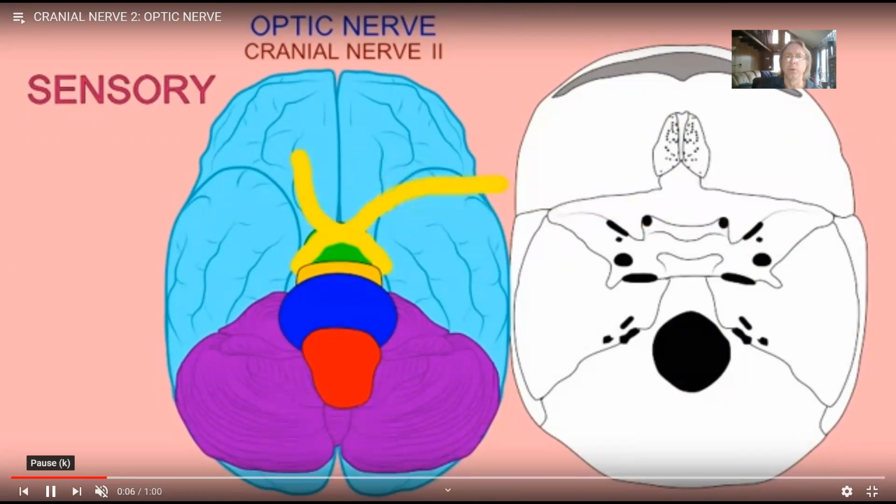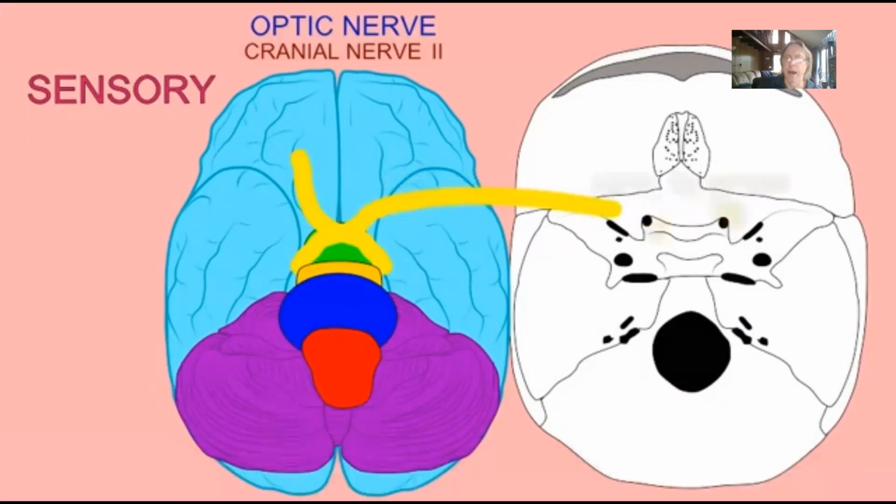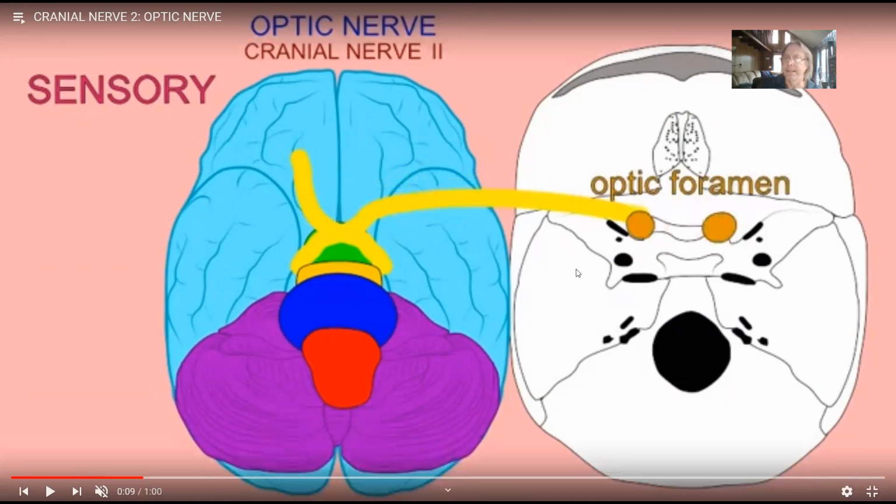So the optic nerves are going to connect the eyes, and so the retina is going to send axons, which then go through the optic foramina of the sphenoid bone.